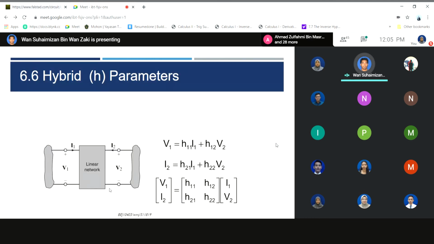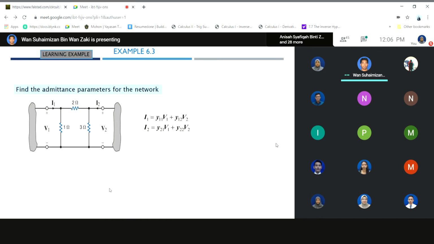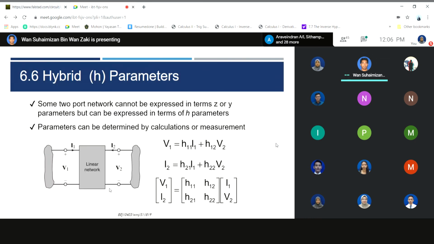Same thing here, this example we put into tutorial for tomorrow. Right, for the H parameter, some of us call it H hybrid or H parameter. Some two-port networks cannot be expressed in terms of Z and Y parameters, but can be expressed in terms of H parameters. Parameters can be determined by calculation or measurement, right?